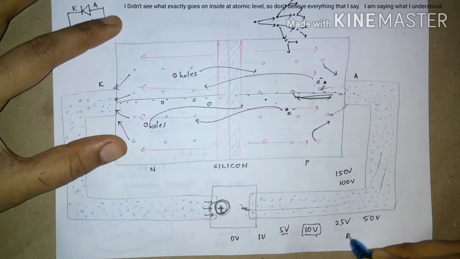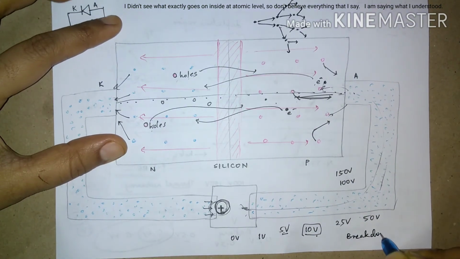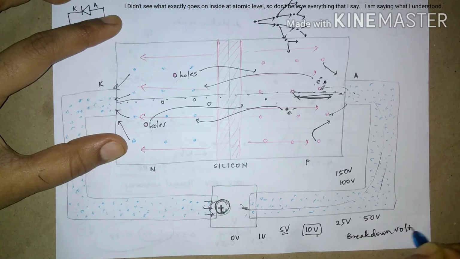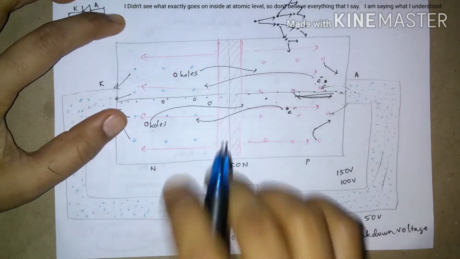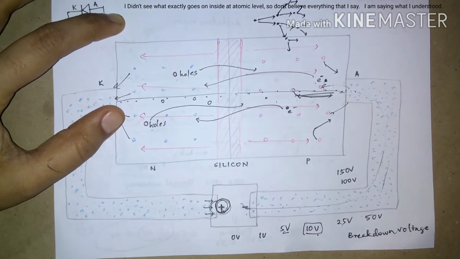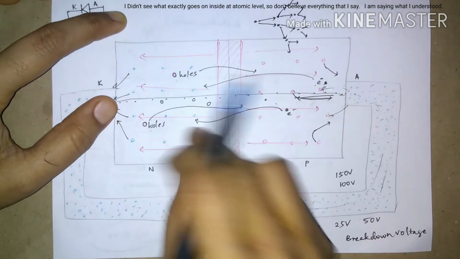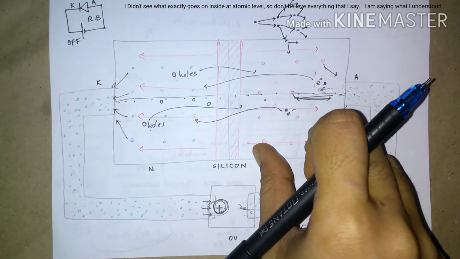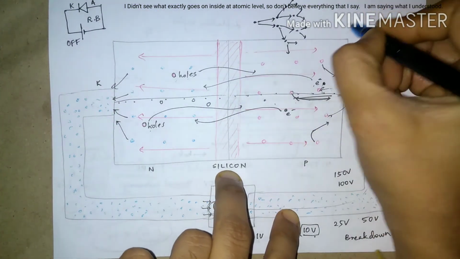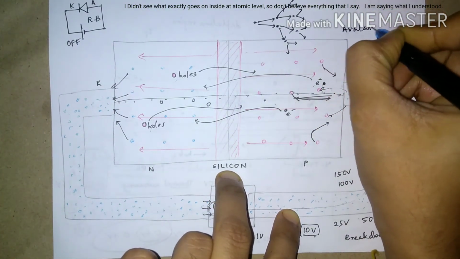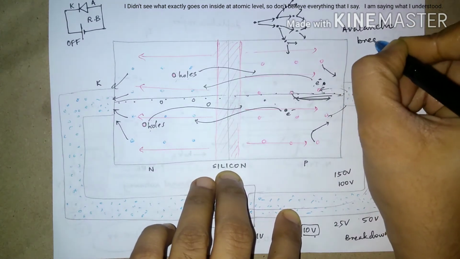That voltage is nothing but breakdown voltage. In this breakdown voltage, all the atoms are getting disrupted and destructed. So this whole material itself gets destroyed. So this is nothing but avalanche breakdown.